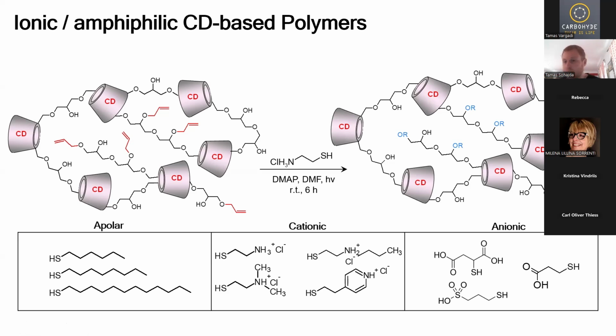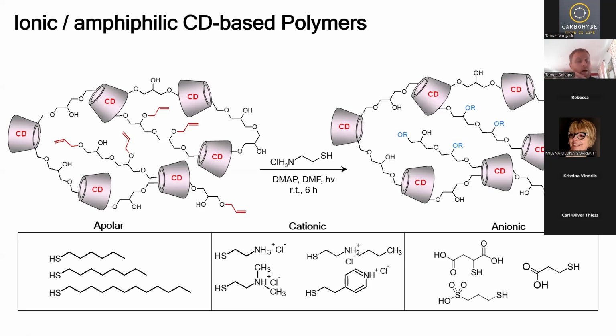It can be biodegradable or non-biodegradable. So there's a huge versatility. And usually cyclodextrin polymers show very good complex forming abilities. So from a functional perspective, it's also a very nice tool.